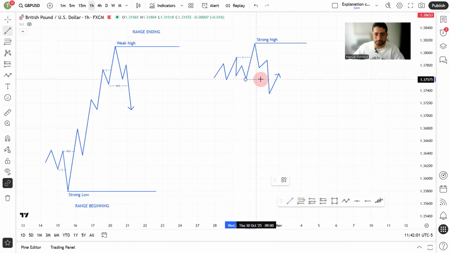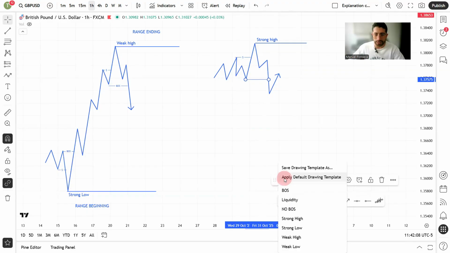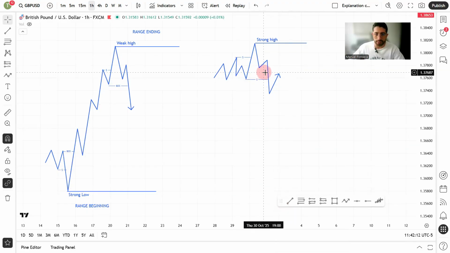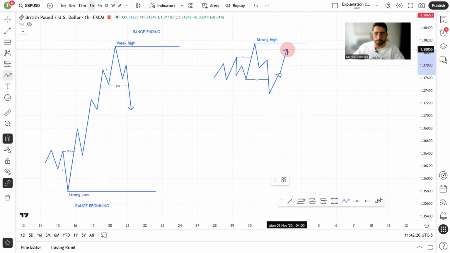Remember that the break of structure must be with a body of the candle, because if it is just with a candle wick, let's assume this bearish movement is with a candle wick, it means that the price was not strong enough to keep pushing down, but it will just keep pushing up with the bullish trend.